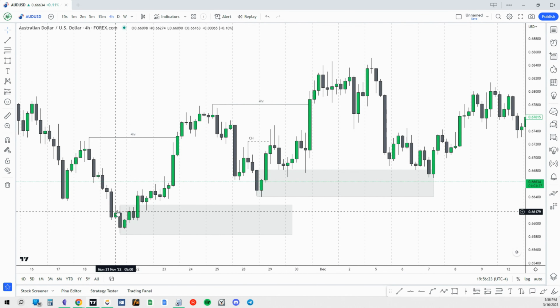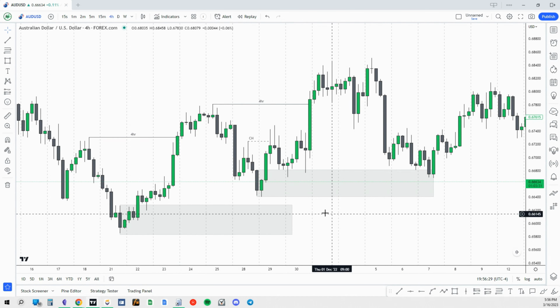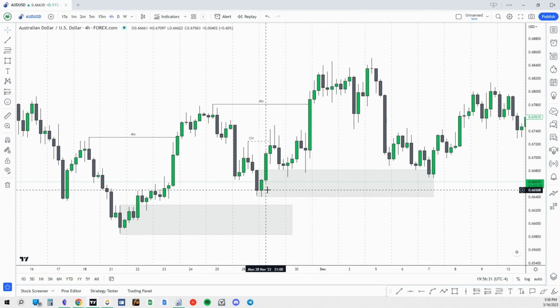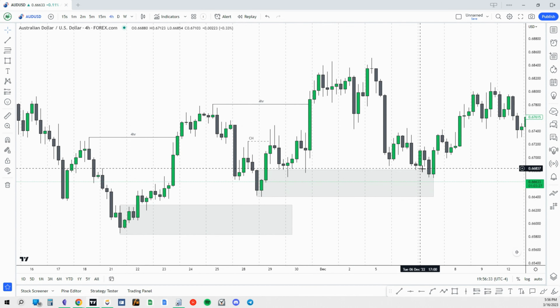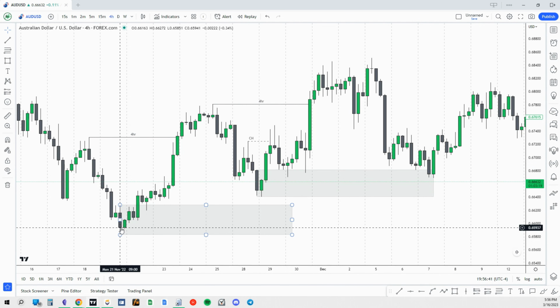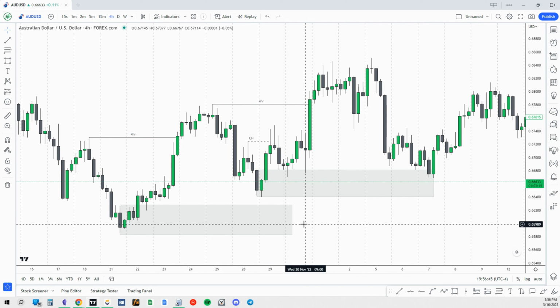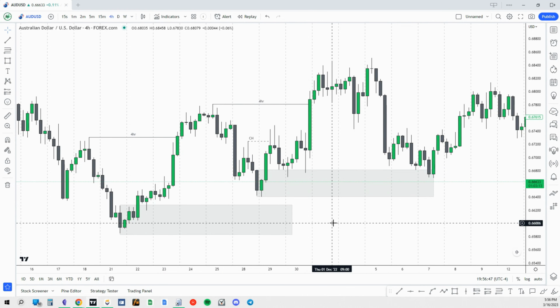But let's say you saw this demand zone being created and you're waiting and waiting, you miss this, and then you're waiting for this break of structure and retracement. This is now the first week of December 2022. So you're at like 2 weeks, almost 3 weeks before you even get into a trade, if you're not looking for change of character and if you're trading higher time frames.